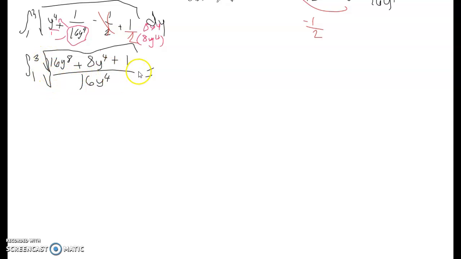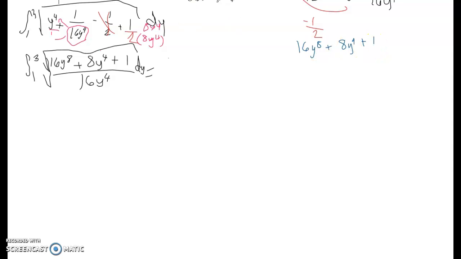So now that we have our top and bottom, we can take the square root of the top and the bottom, but first we want to change the numerator. So we have 16y to the 8th plus 8y to the 4th plus 1.